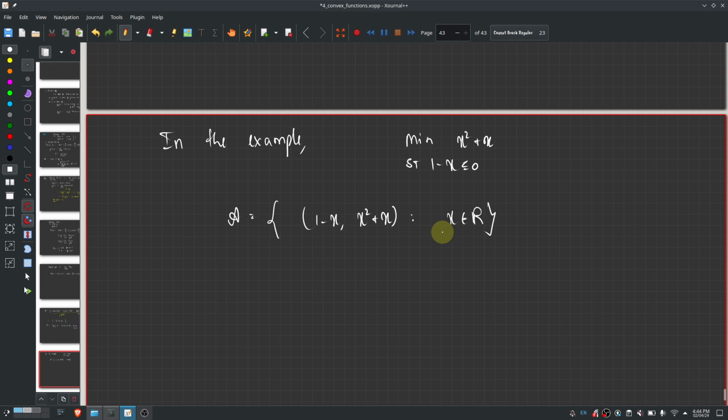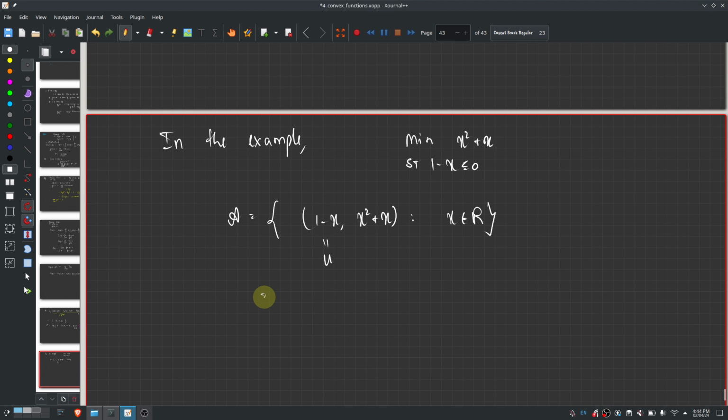Straight line. It will just be a quadratic. It will be a curve. In fact, it's a parametric curve, and you can just change the parameter. So if I set 1 minus x equal to u, then x is equal to 1 minus u.